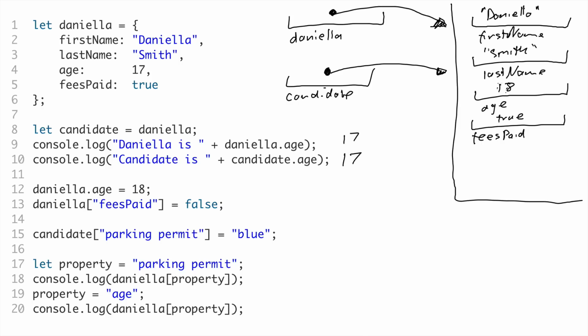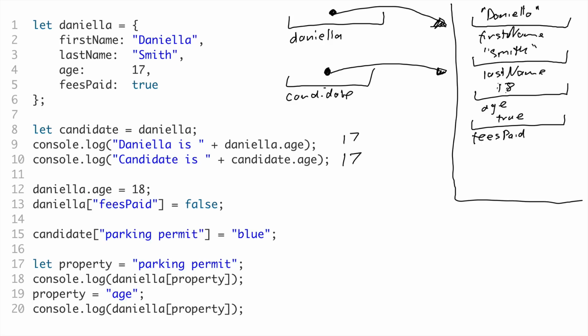So line 13 has a different style of syntax that can also be used to refer to and modify the properties of an object. There are some restrictions when using this dot syntax that we saw on line 12, and that is that the property name must follow the same rules that variables use. So can't have any spaces or punctuation, can't begin with a number, and can just be made up of letters and numbers.